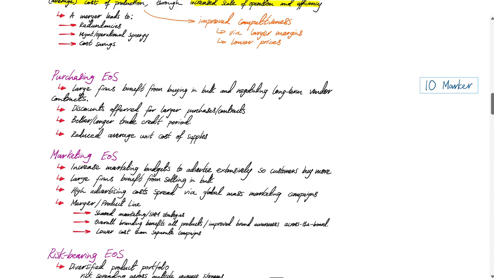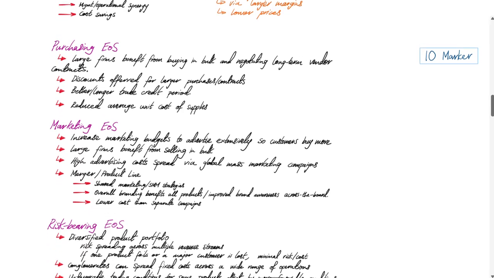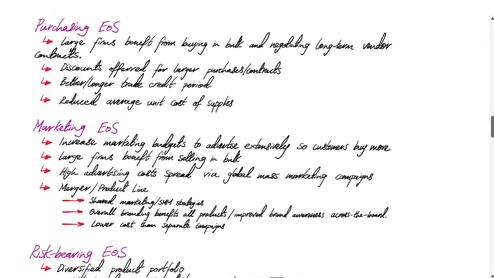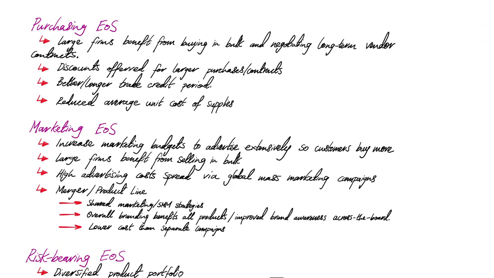They're not buying in separate orders, right? Because they're making larger purchases, they get a discount, and that is typical. And then you have longer trade credit, especially when you're a bigger company. That reduces your average cost of supplies, which reduces your average cost of production, which makes you more efficient, right?